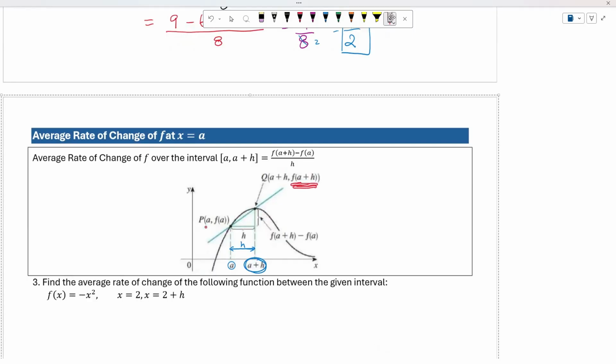So that means I will have the point A, f of A and the point A plus H, f of A plus H.